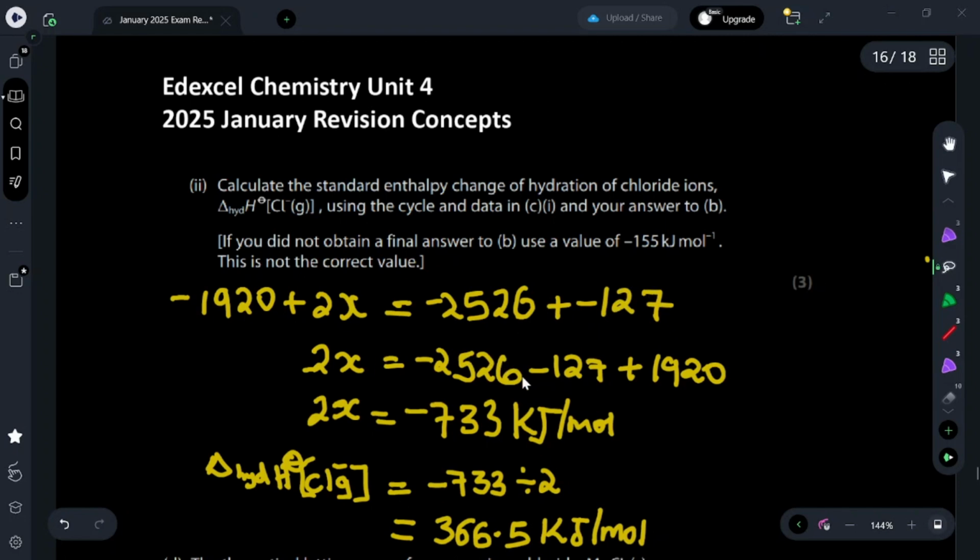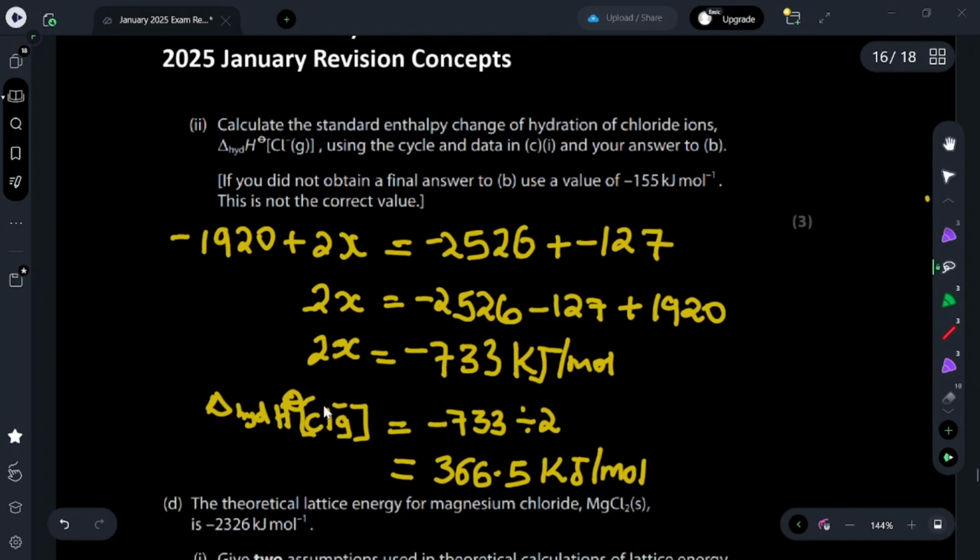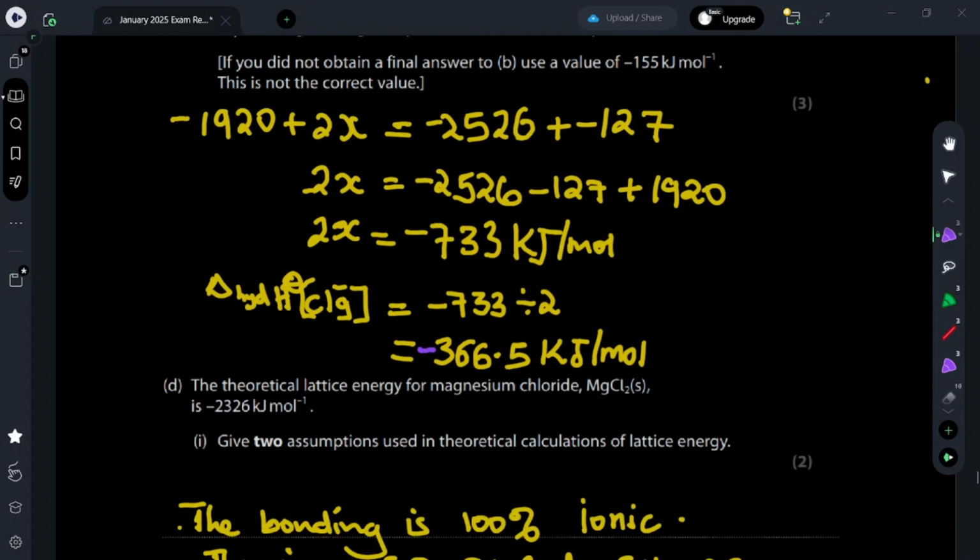So if we make 2x the subject of the formula and eventually x the subject of the formula, we are going to have x, which is the enthalpy change of hydration of chloride ions, being negative 306.5. So that's correct.